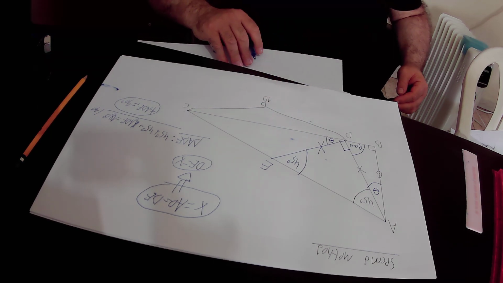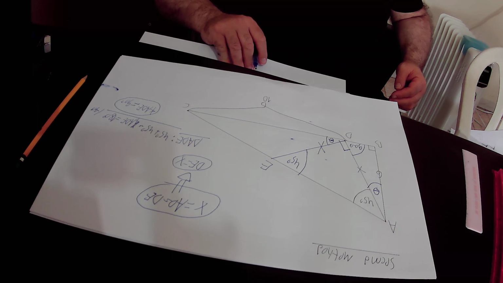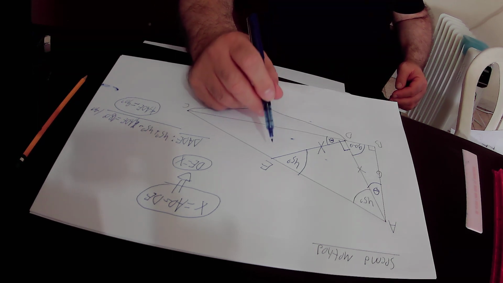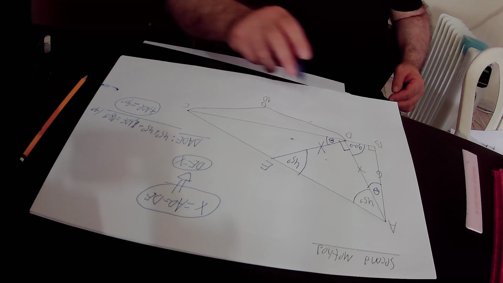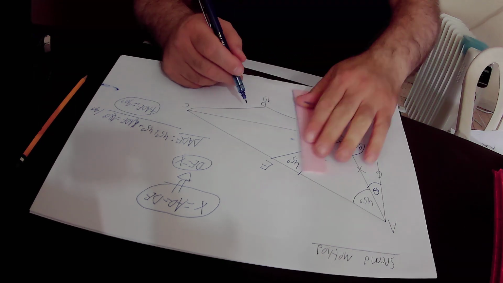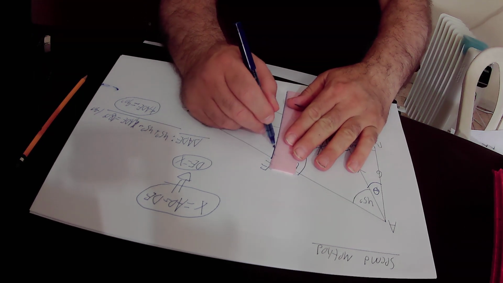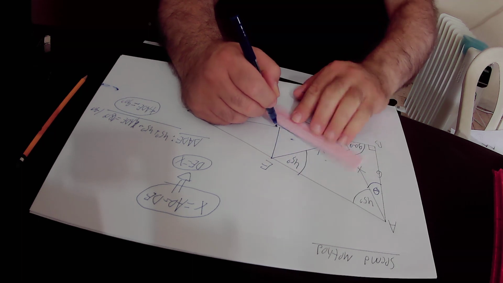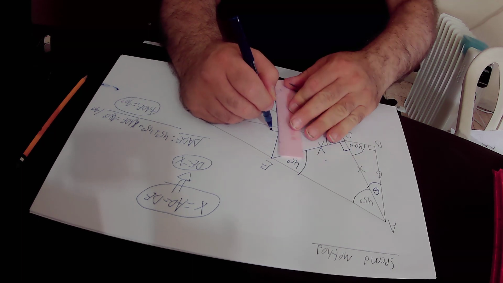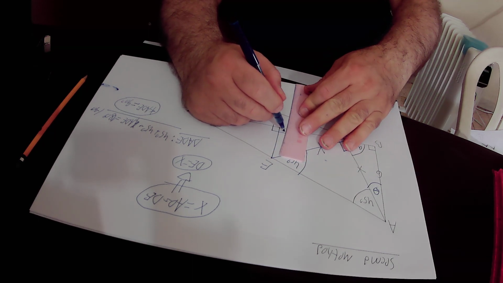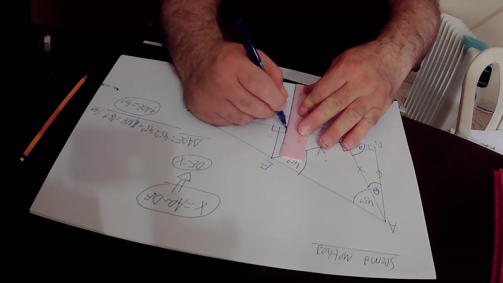In the next step, we will do another construction. From point E, we go perpendicular on BC. So this angle equals 90 degrees according to our construction, and this angle will also equal 90 degrees according to our construction.